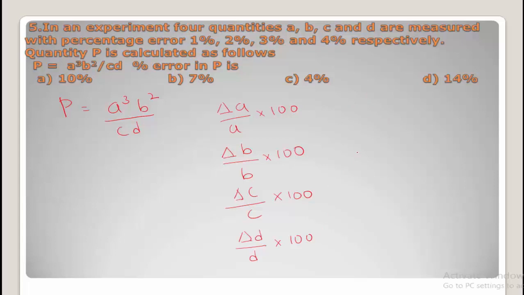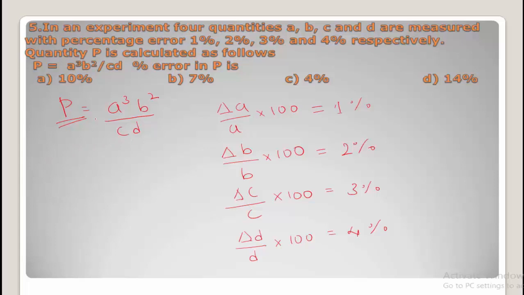So percentage error means relative error into 100. So percentage error in A is 1%, in B is 2%, in C is 3% and D is 4%. Now we have to find the percentage error of this quantity P. P is denoted as A cube B square divided by CD.